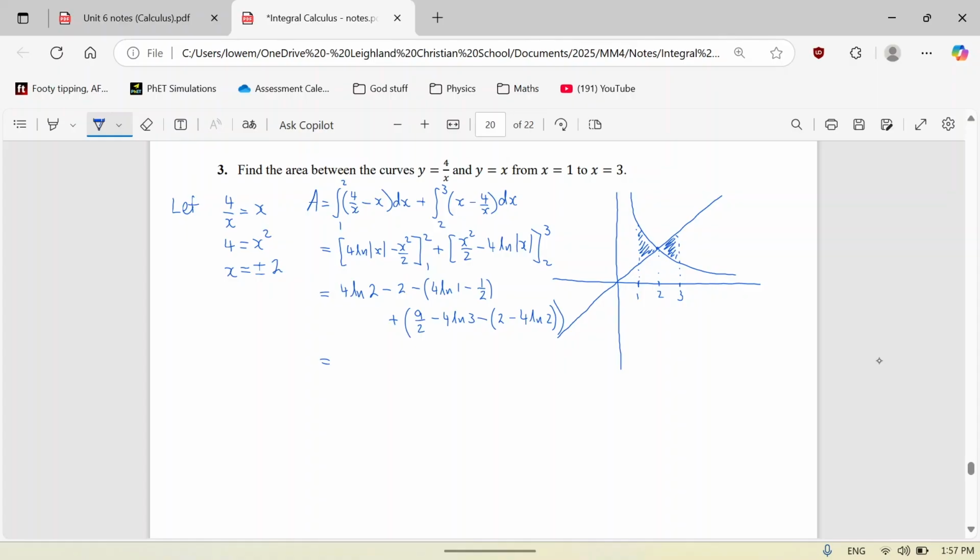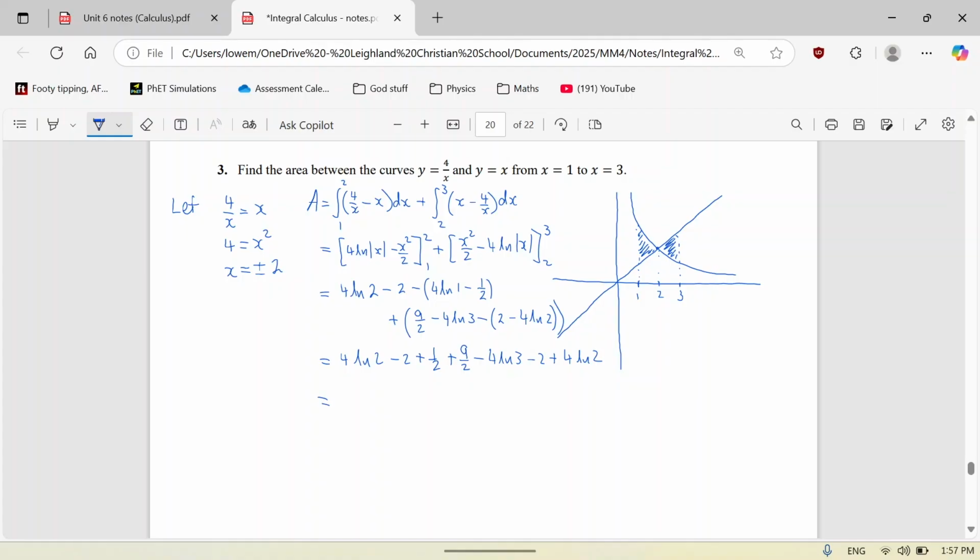Okay, let's go from here. 4 log 2 minus 2. Now 4 log 1, the log of 1 is 0, so then we just minus negative 1/2, so that becomes plus 1/2. And then plus 9 over 2 minus 4 log 3 minus 2 plus 4 log 2. So we can combine things here.